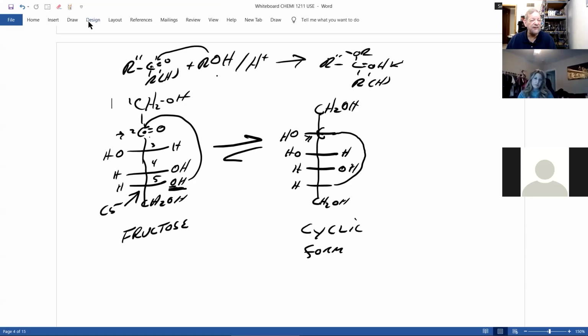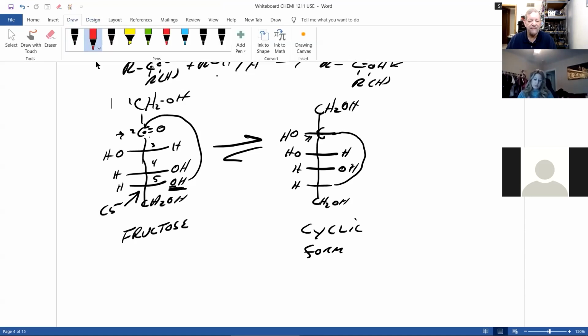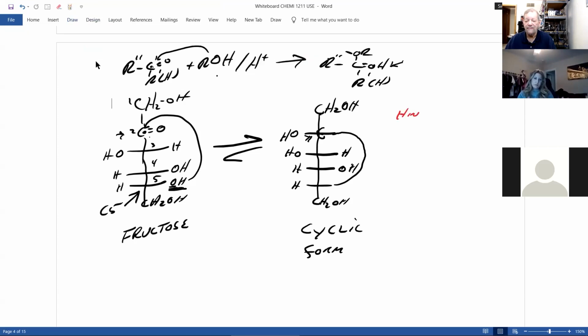And I'm missing something here. And once again, we have this attacking here to form the hemiacetal or hemiketal. In this case, hemiketal. Same thing here, attacks this carbonyl to form this.